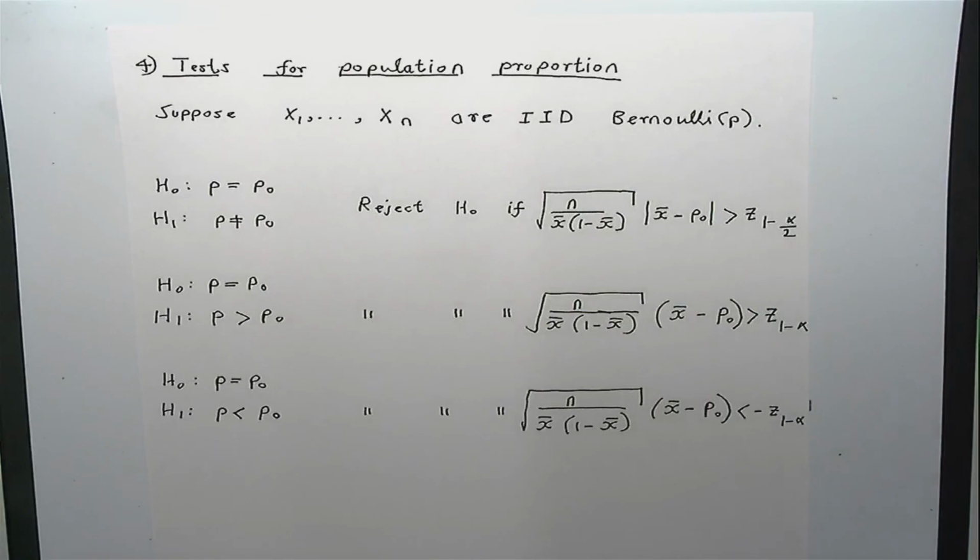So this completes the video on one sample testing, and in the next video I shall talk about two sample testing. In other words, when you have two samples from two different populations and you want to compare their characteristics, right? How can you do the testing?